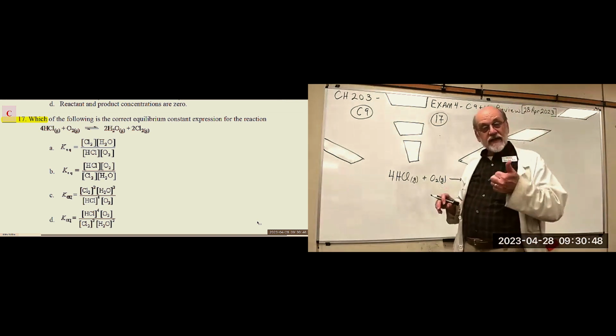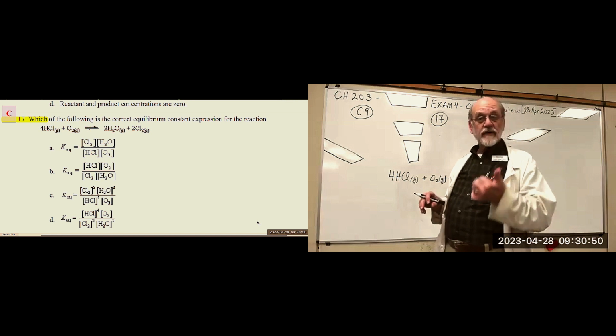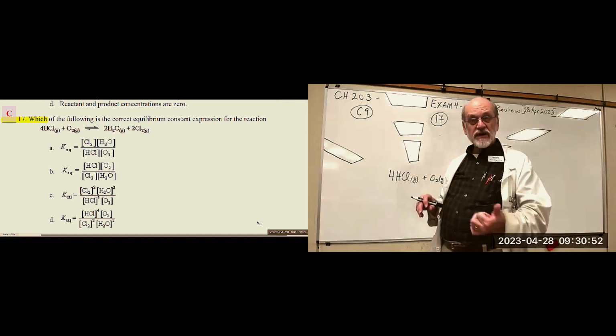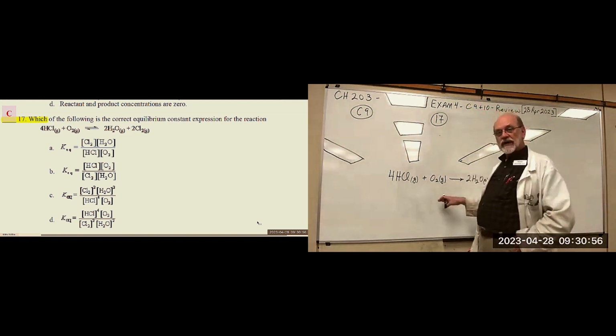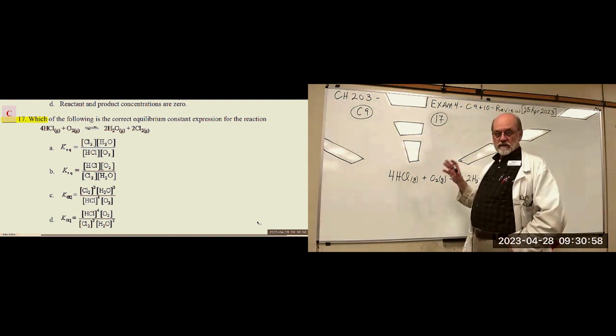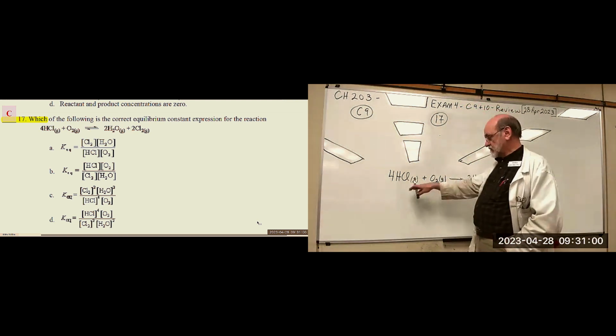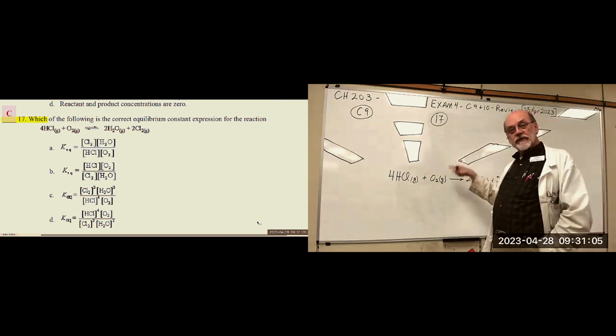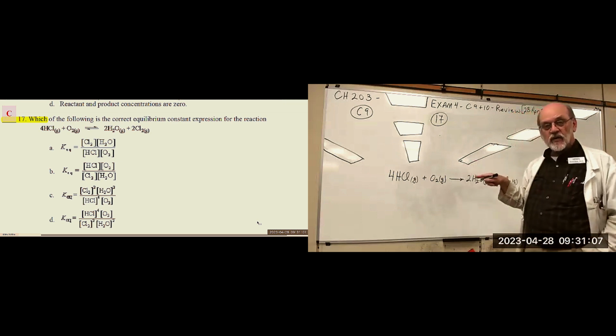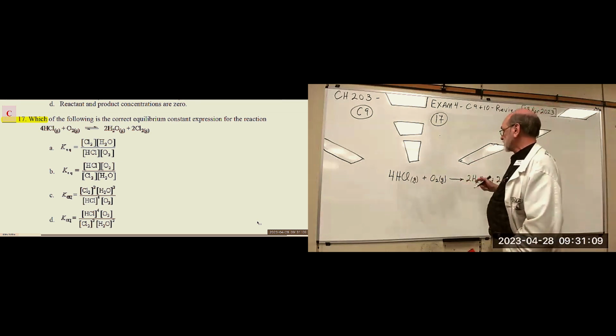And in order to write the equilibrium constant expression, the equation must be balanced. The next question is, do we have any pure liquids or solids in this? No, we don't. They're all gases. So we use every term in the balanced equation to write our expression.